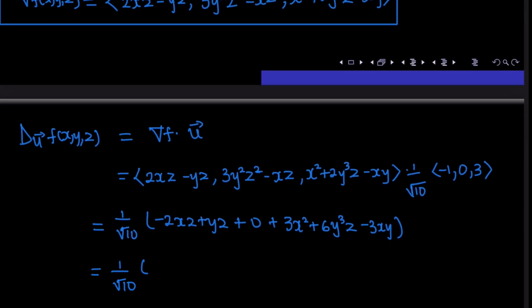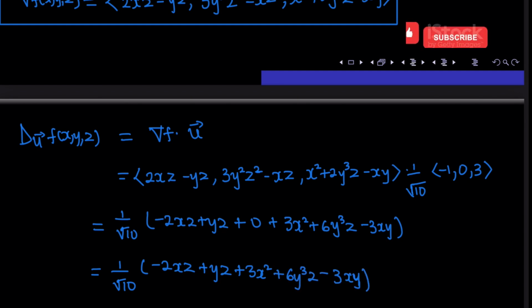So our answer will be minus 2xz plus yz plus 3x squared plus 6y cubed z minus 3xy. Here we don't have like terms, so we cannot simplify further.